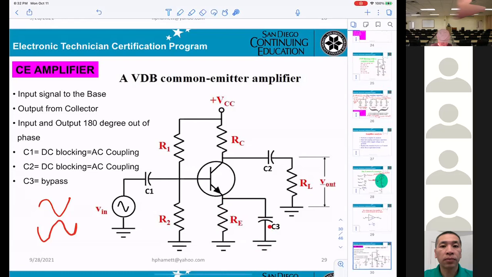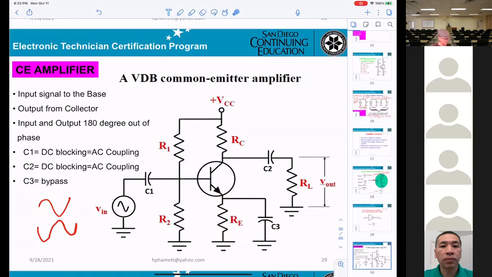The question is, bypass what? Bypass RE, for AC. The AC current, when it goes up to this point, does not go down here. It goes shorted to ground. So if you measure the AC voltage at this point, you're supposed to get 0. They short to ground.